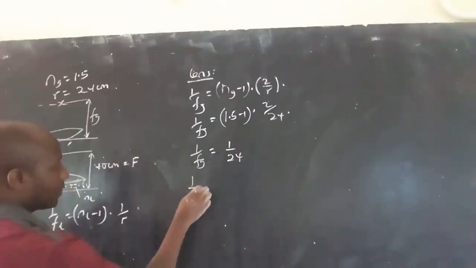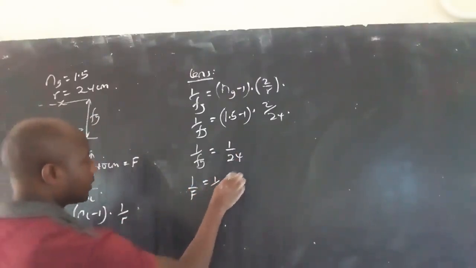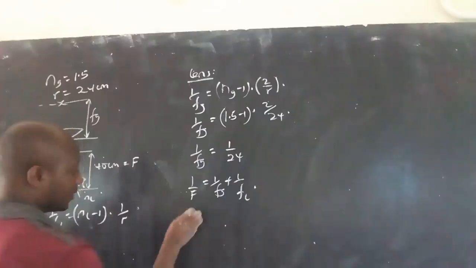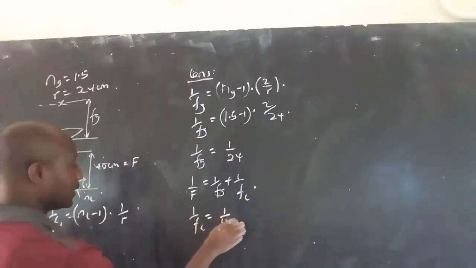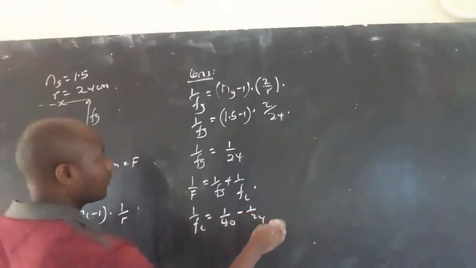Then from there we go to combination. 1 over F equals 1 over F glass plus 1 over F liquid. So 1 over F liquid will become 1 over the focal length of the combination, 40, minus 1 over 24.